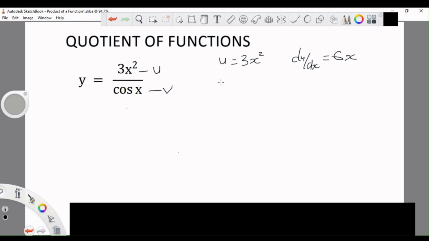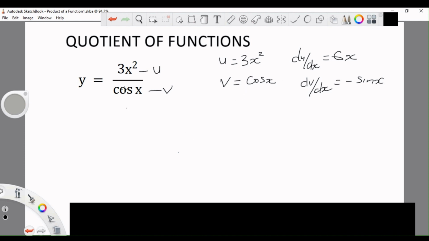Next, we have v. Our v is equal to cos x. Again, we have to differentiate v with respect to x. So when you differentiate v with respect to x, that will give us negative sin x. If you want to know how we do this differentiation, you have to watch our previous video that you see on the top right corner.